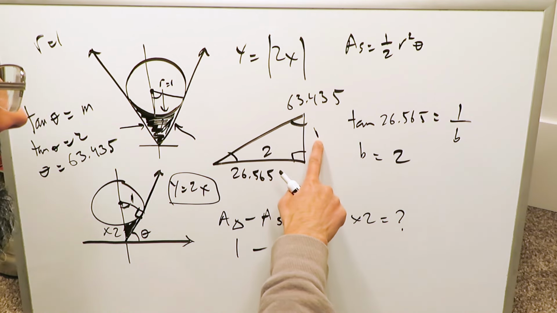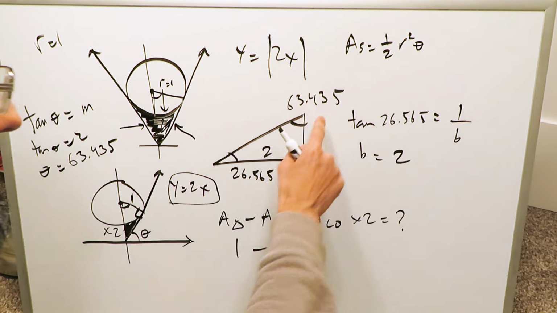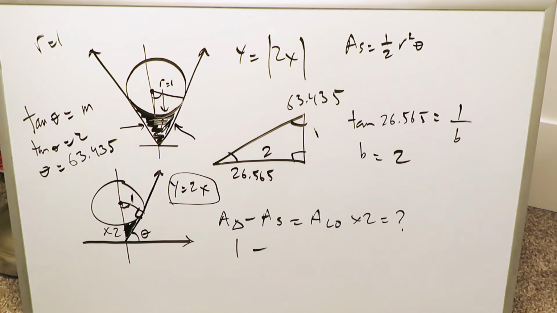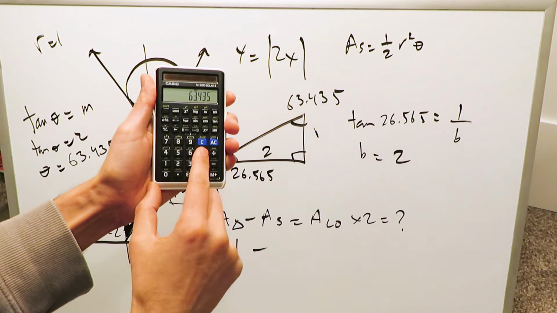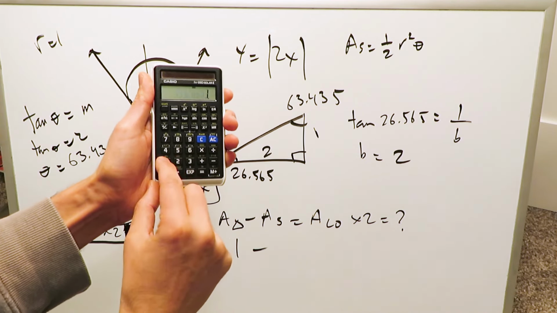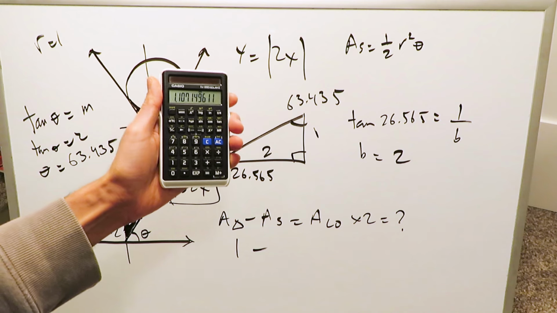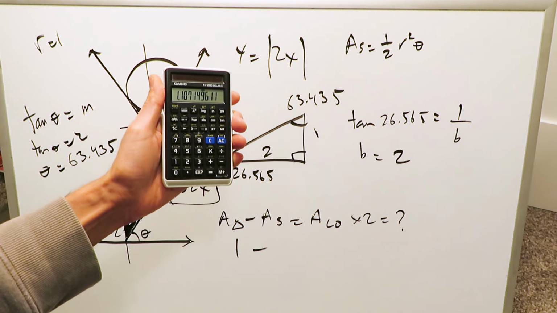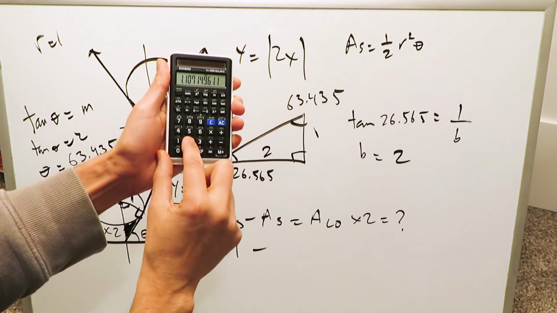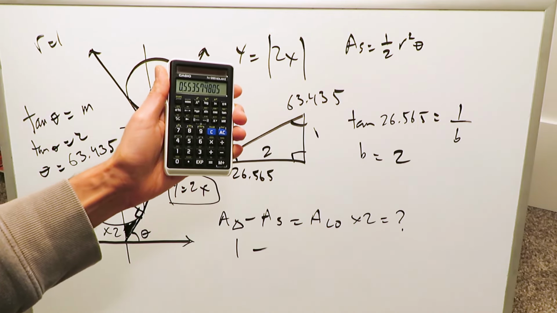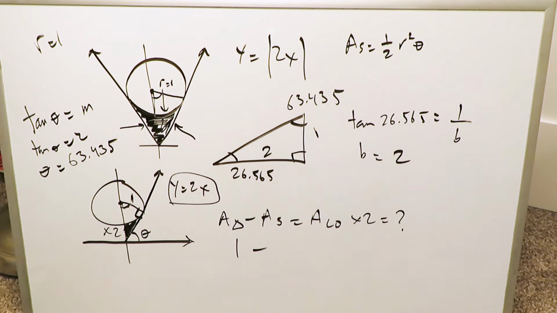You're really looking at theta, 63.435. You have to convert that into radians, and you can. Do 63.435 multiplied by pi, divided by 180. You've converted degrees into radians. That's my angle. Radius 1 squared, which is just 1, divided by 2, and that'll give you your area of sector, 0.55357.